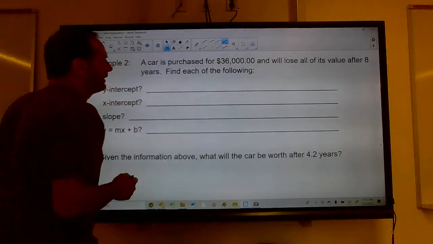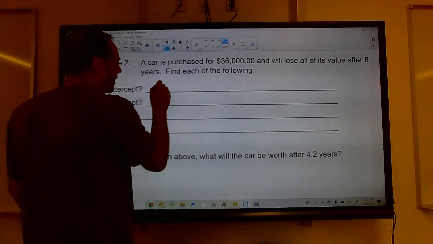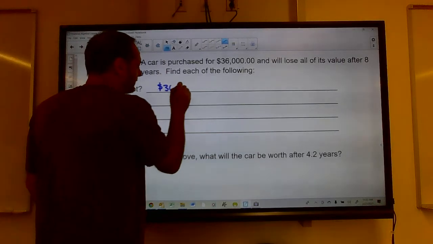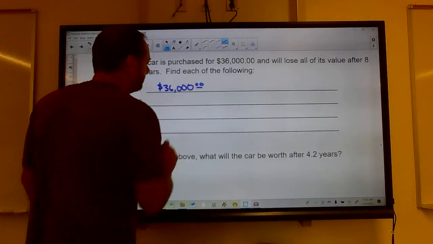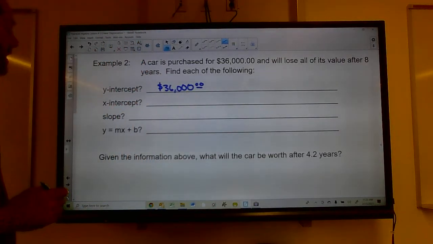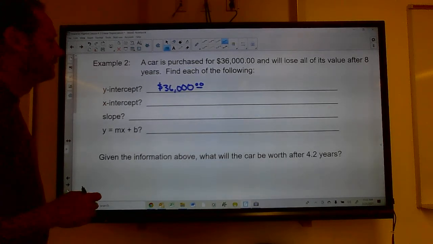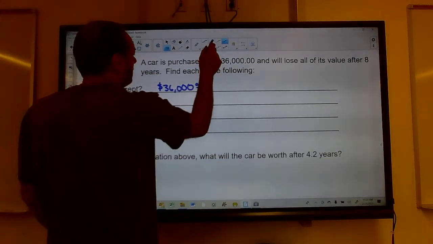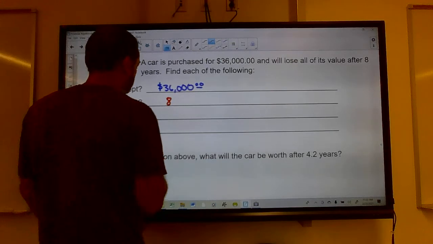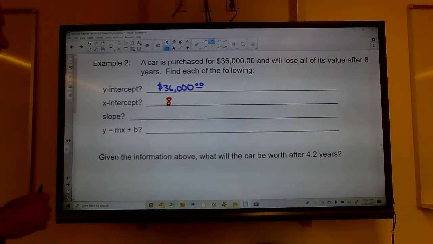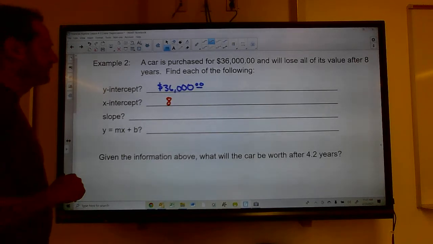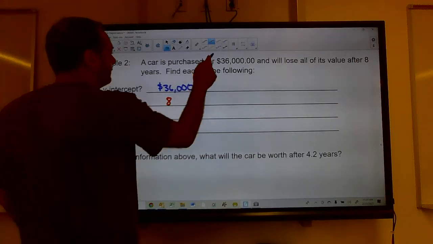Okay, so my y-intercept is going to be the value of the car when I purchase it. It's $36,000. The x-intercept is going to be 8, because after 8 years it's worth nothing. Okay, what's the slope? So I have to calculate the slope.